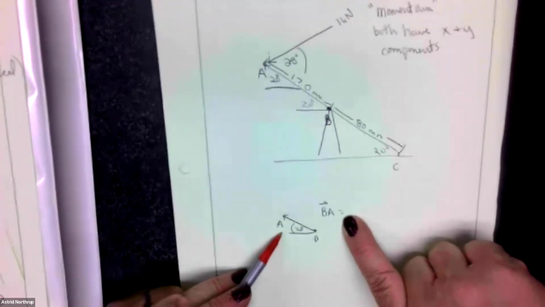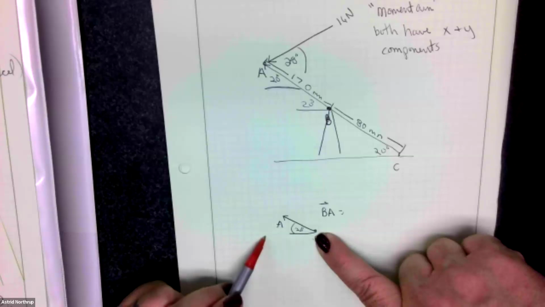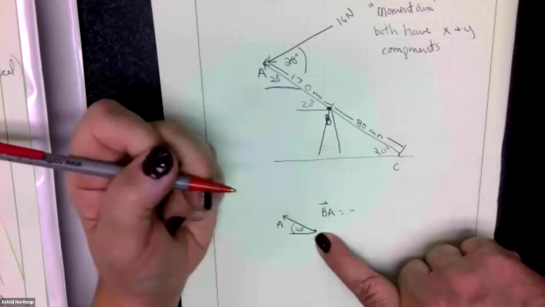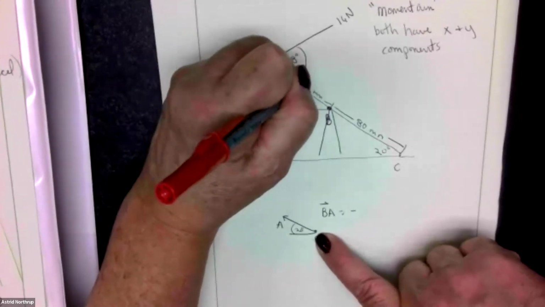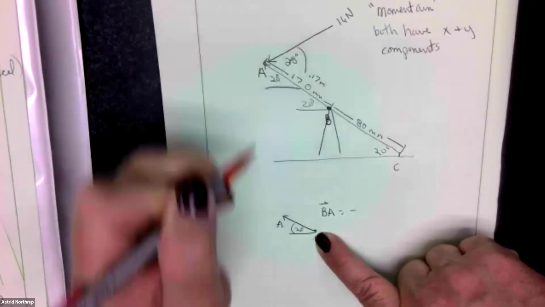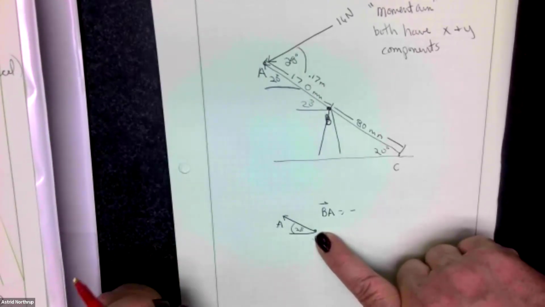So how do we write the vector BA? Well, first of all, in the x direction, it goes from right to left, so it's a negative. What is this distance? 170 millimeters. I strongly recommend that you turn things into base units right away. So instead of writing 170 millimeters, I would write 0.17 meters.